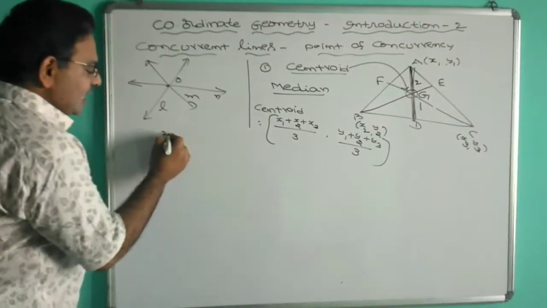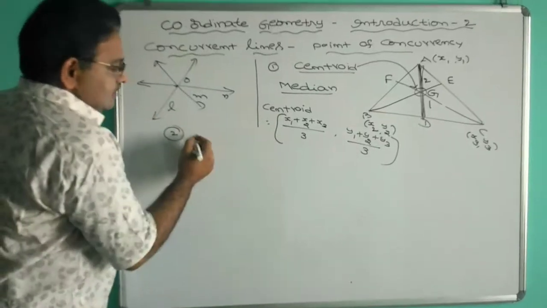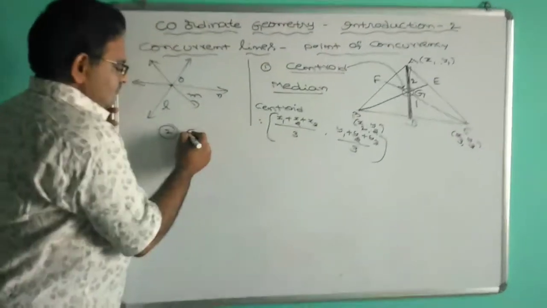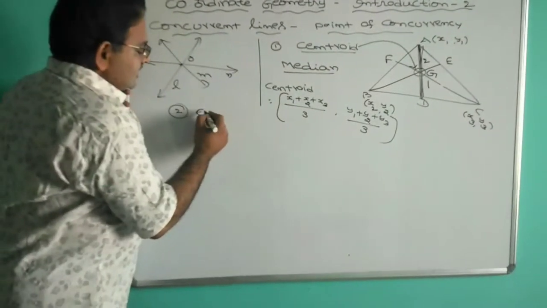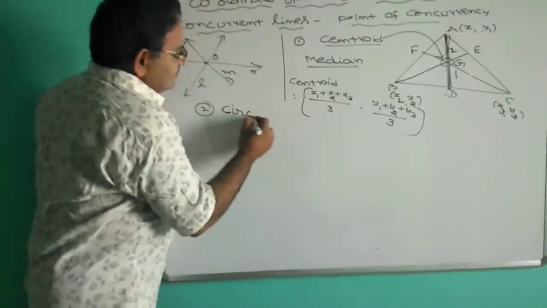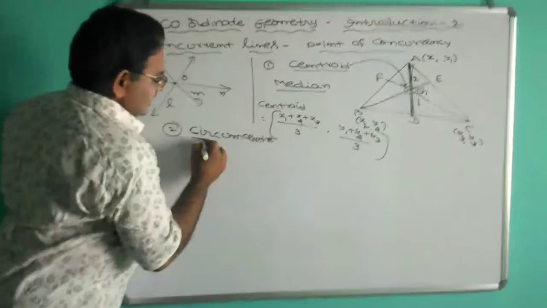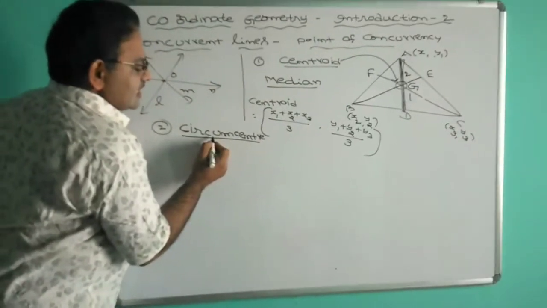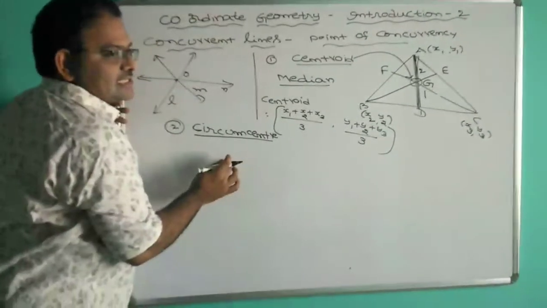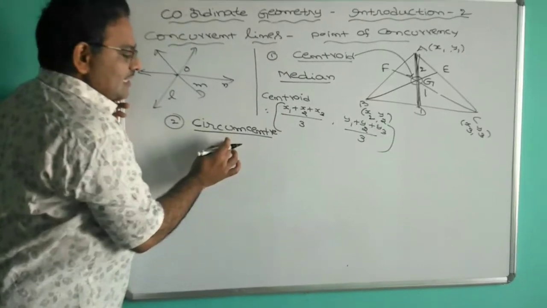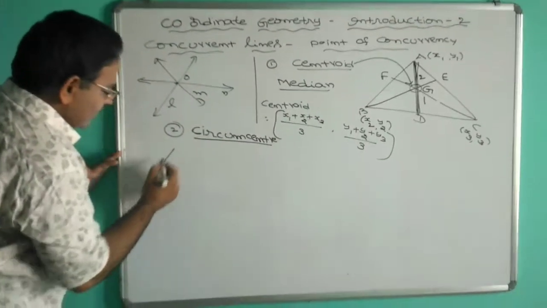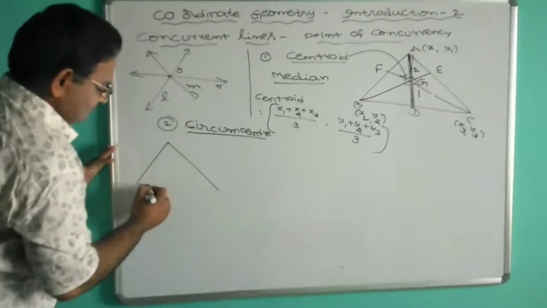Now, the second one is the circumcenter. This circumcenter is also one of the points of concurrency. When does the circumcenter happen?